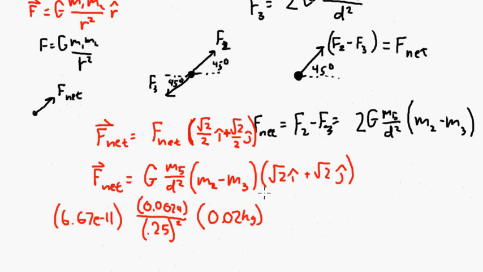Yes, it is correct. Okay, so let's hope I've got this right, and then this goes times radical 2 i hat plus radical 2 j hat. So let's plug this in and see what we get.